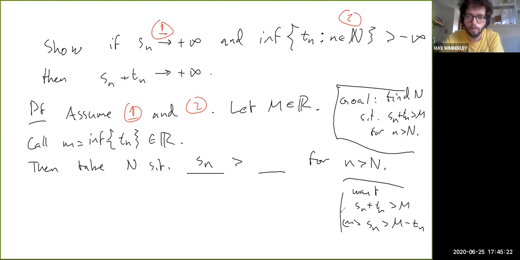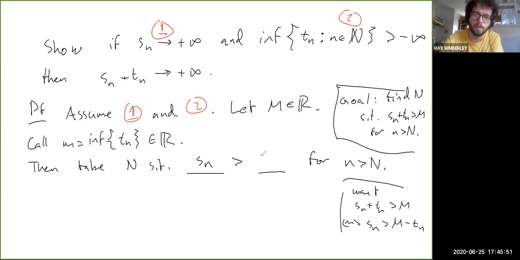So, how do I explain this? The thing is, how can we make sure that Sn is bigger than some constant? You can probably guess what it needs to be just from looking at this, because there's only so many constants flying around.